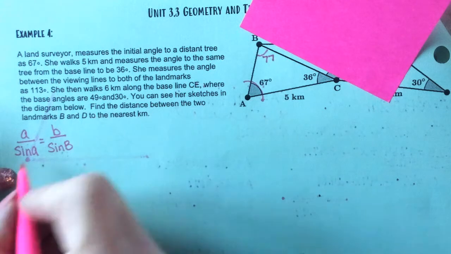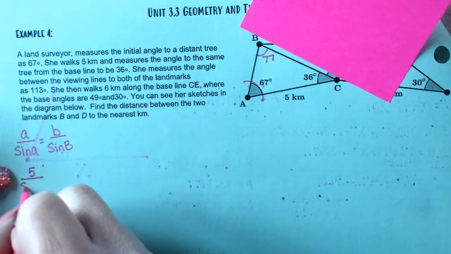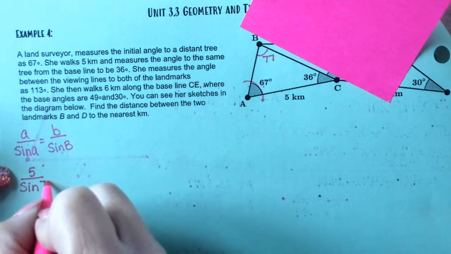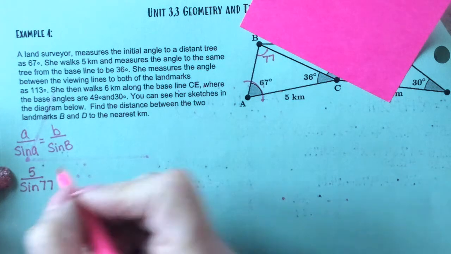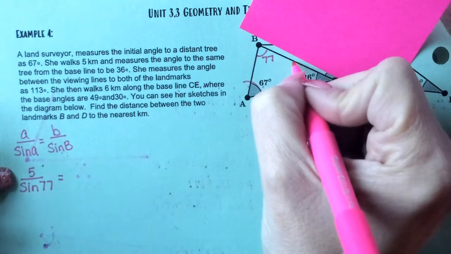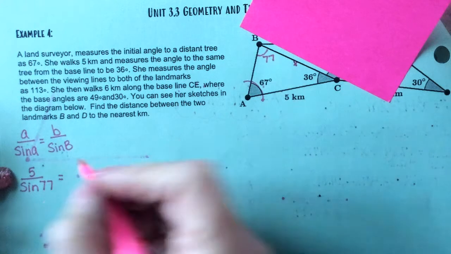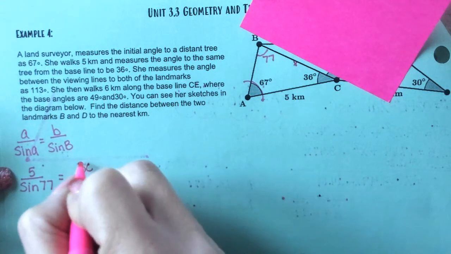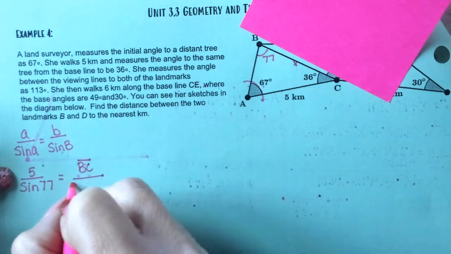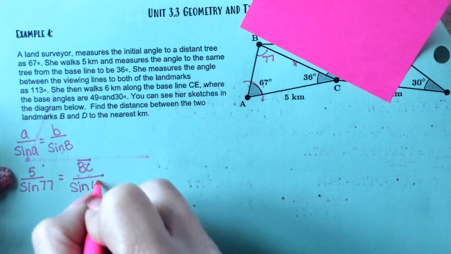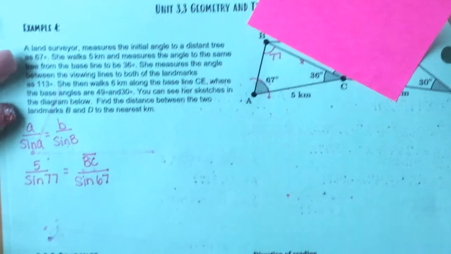So I can set up that ratio. 5 over sine of 77 equals, I'm going to call this X right here. Or, let's call it BC. I think that might be better. Let's say side BC over sine of 67. Okay, cross multiply that.